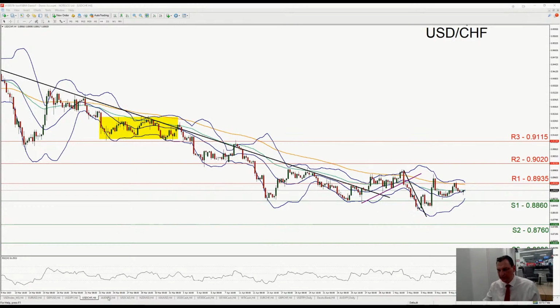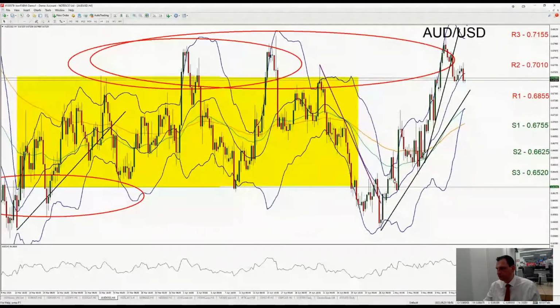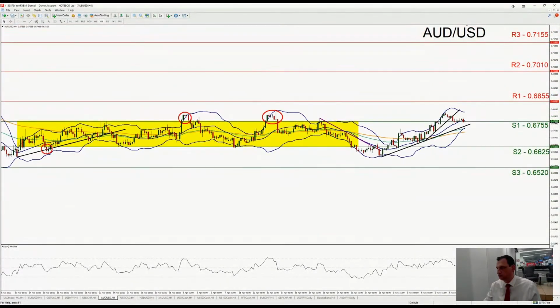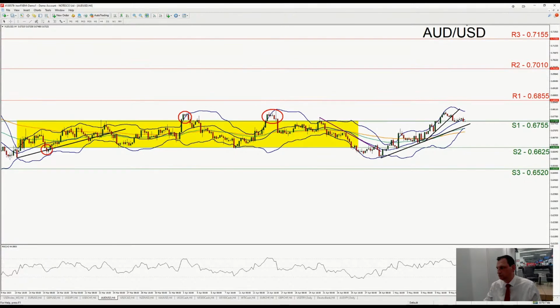Let's have a look also at AUD/USD. Now, at this point, it would be interesting if we considered a possible repositioning of the levels.